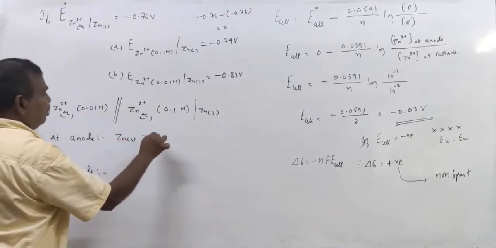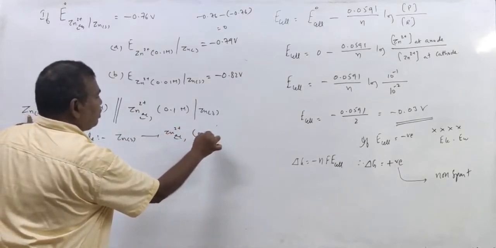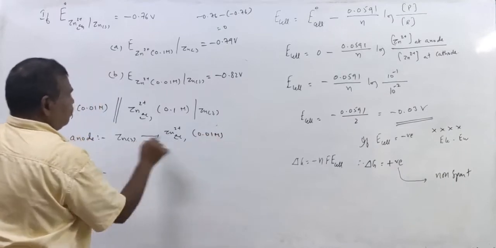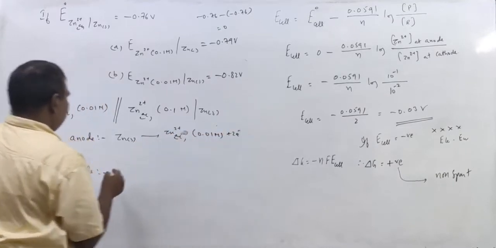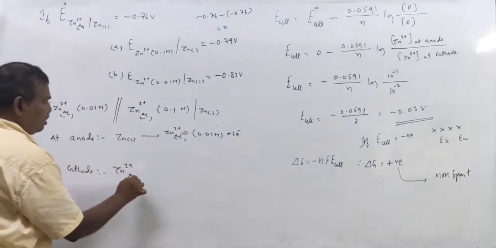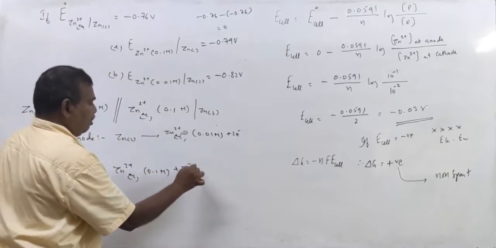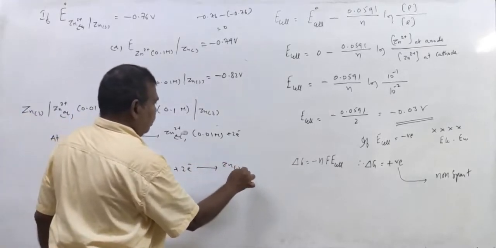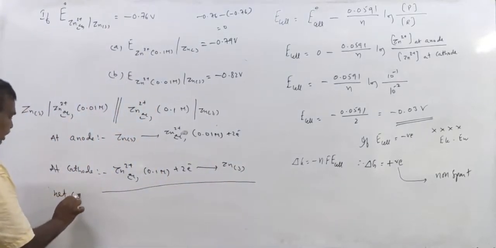At anode, Zn solid gives Zn2+ aqueous, 0.01 molar, plus 2 electrons. At cathode, Zn2+ aqueous, 0.1 molar, plus 2 electrons gives Zn solid.